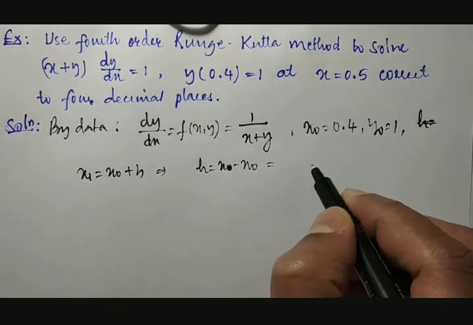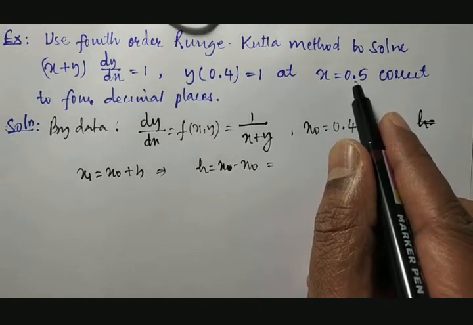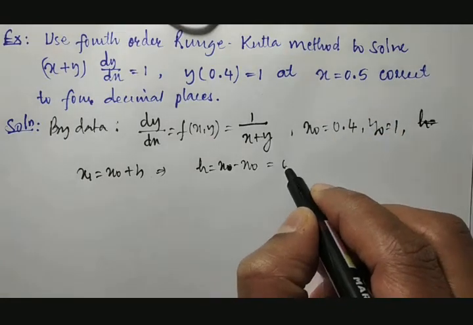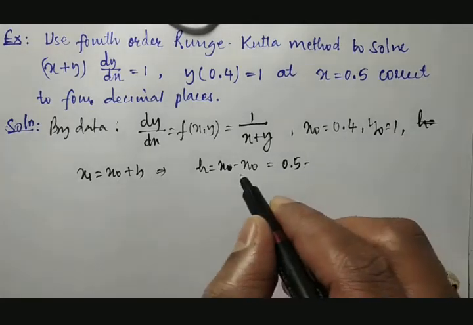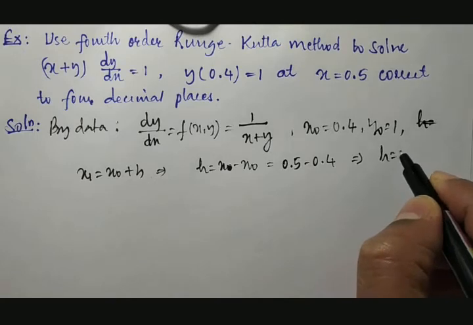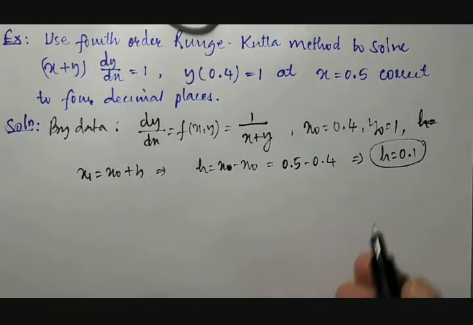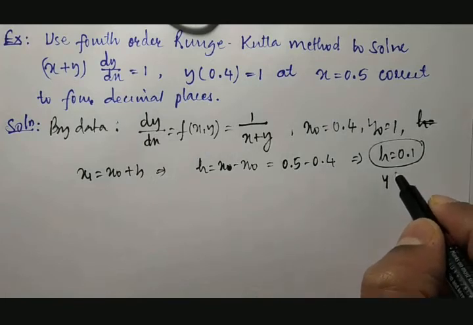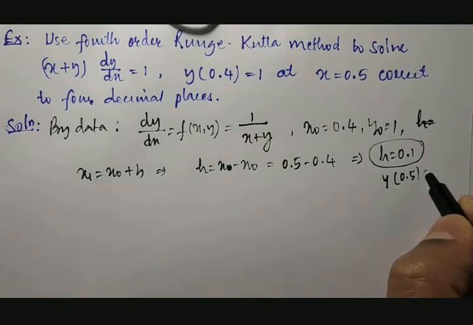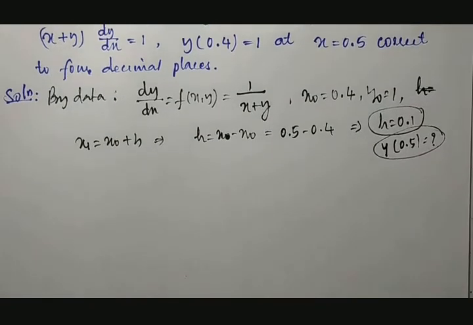Therefore x is the thing which is going to be obtained, that is 0.5, minus x naught, which is 0.4. Therefore h is equal to 0.1. Then what is to be calculated? We need to calculate the value of y of 0.5. Clear? This has to be calculated.